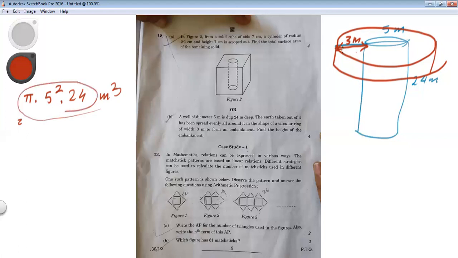Fine. Now let the height of the embankment be h. How do we find the volume of the embankment using that mud? Since it's done around the well, above the ground, how do we find it?